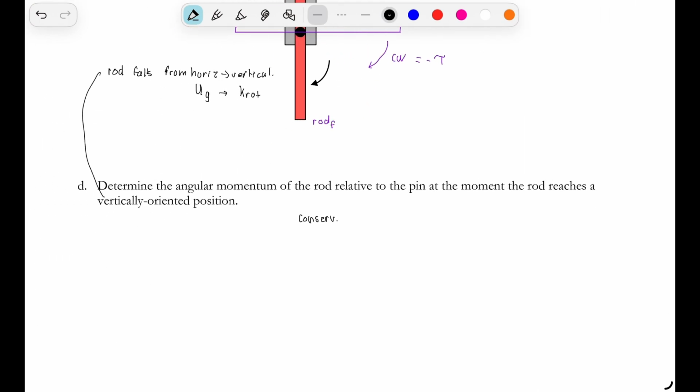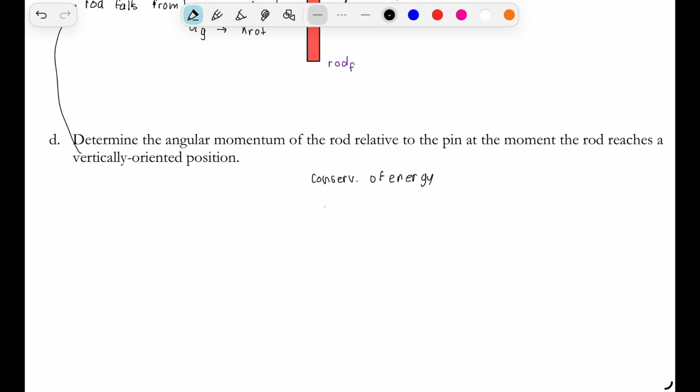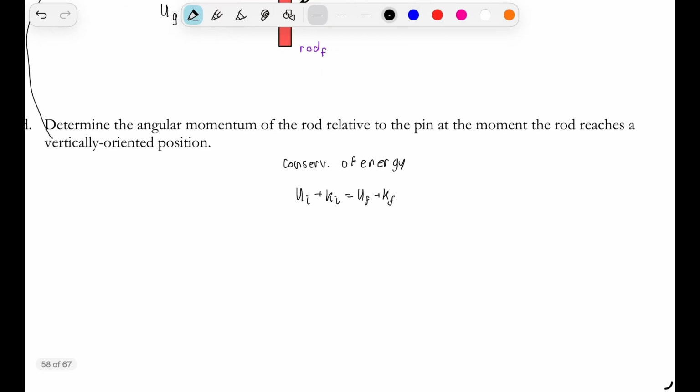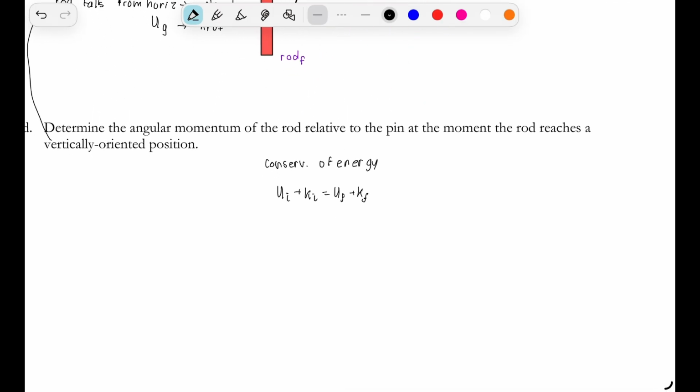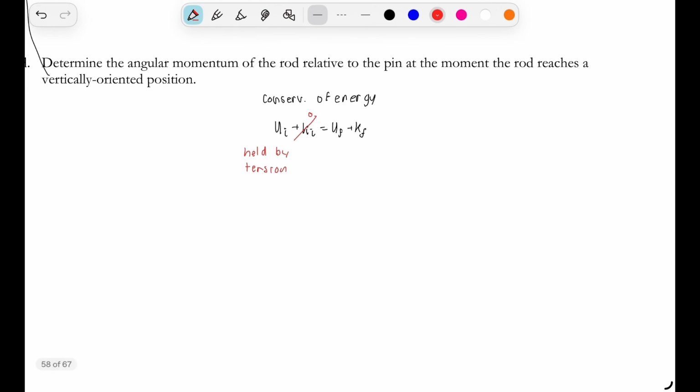So we can say we have conservation of energy. Because of this, you can write that the initial potential energy plus the kinetic initial is equal to the final potential plus the kinetic final. We know initially that it had zero kinetic energy because it was not moving, and that it was held by the tension, and it was not accelerating, so initially it was equal to 0.